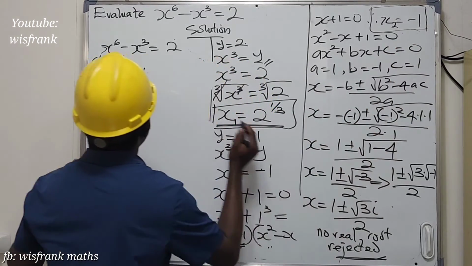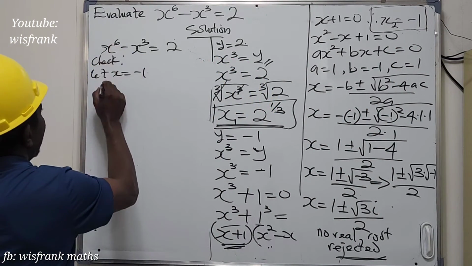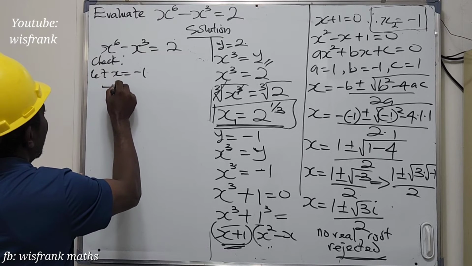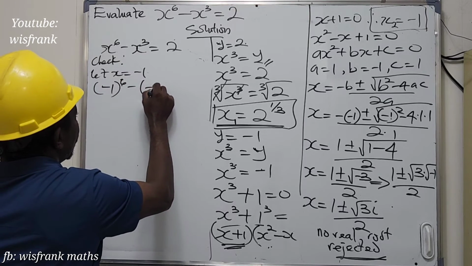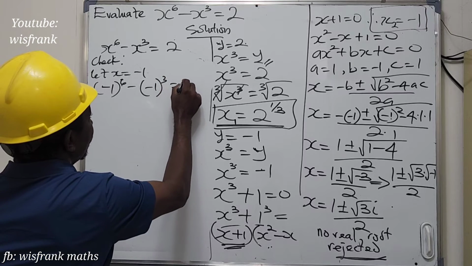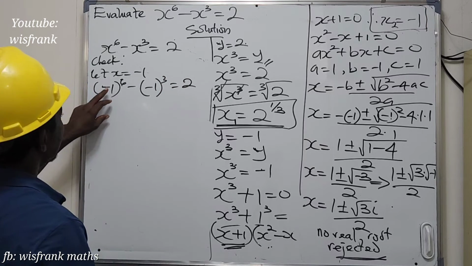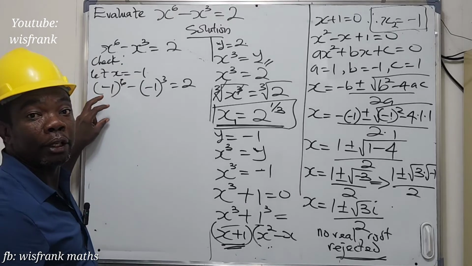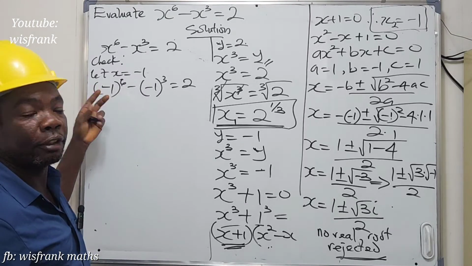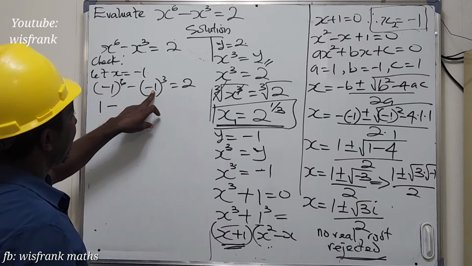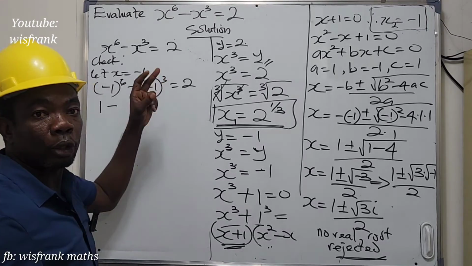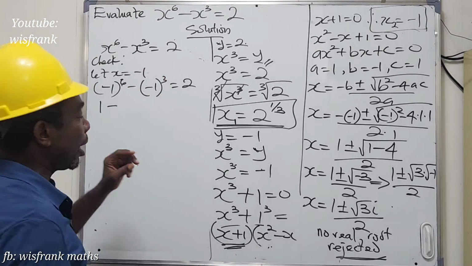Let's start from here. Then we have x to the power of 6 is minus 1 all to the power of 6, minus minus 1 all to the power of 3, equals 2. So in this case, the power of 6 is an even number, so minus 1 will turn to plus. Minus, here we have minus 1 to the power of 3, which is odd, will still remain minus 1.